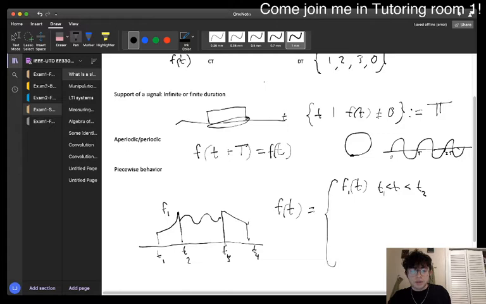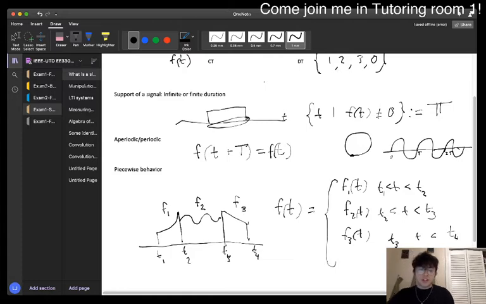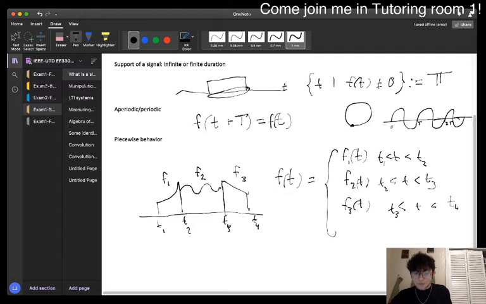Then we got the behavior that's f2, and this will be from t1 to t2, and we got this third behavior here in this signal, f3 of t, from t2 to t3. So this is just how I'm probably going to talk throughout the rest of this review.